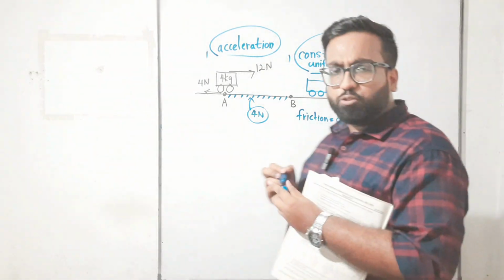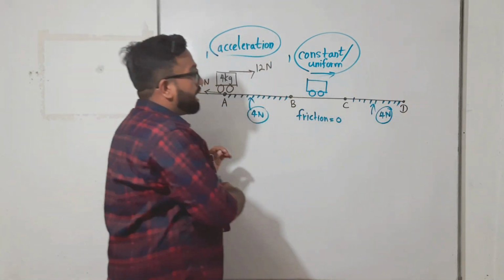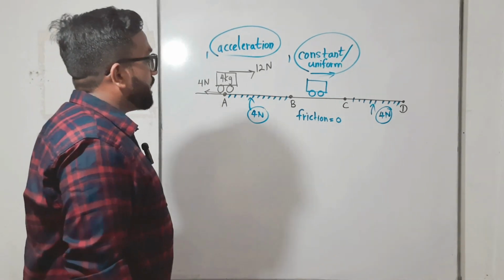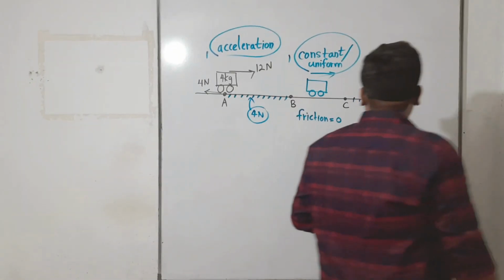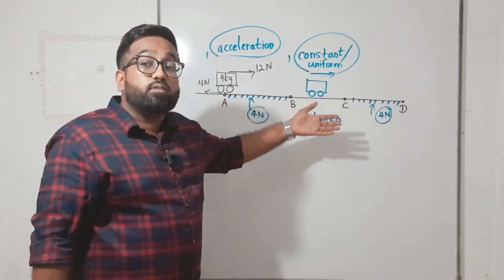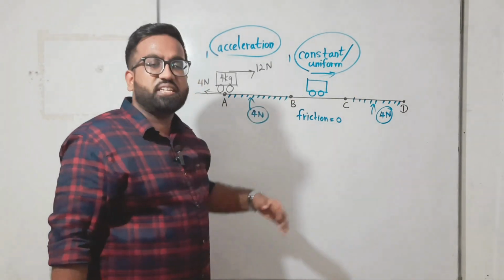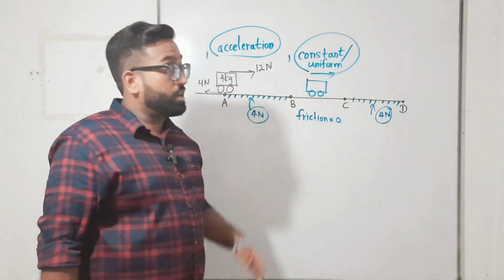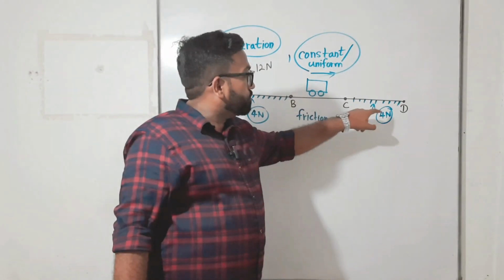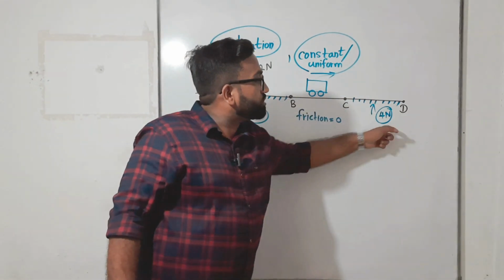C to D, what can you say about C to D? Children, again frictional force is acted from C until D. Because of that frictional force, and no one is giving another force from outside, this trolley is trying to come to rest. After passing C, it is again exposed to this frictional force.